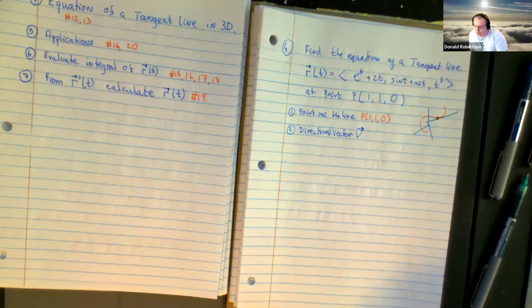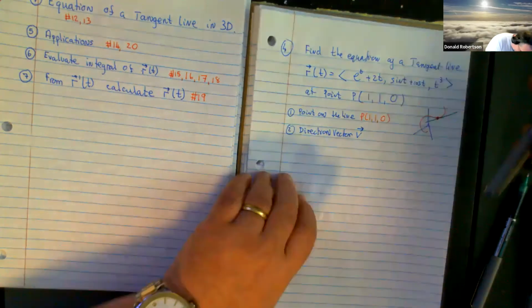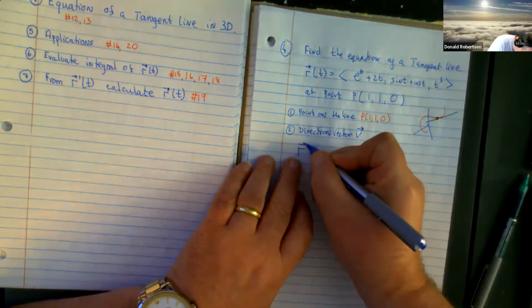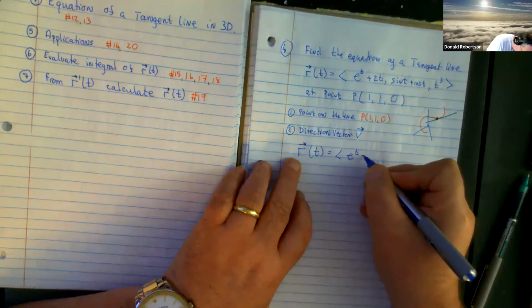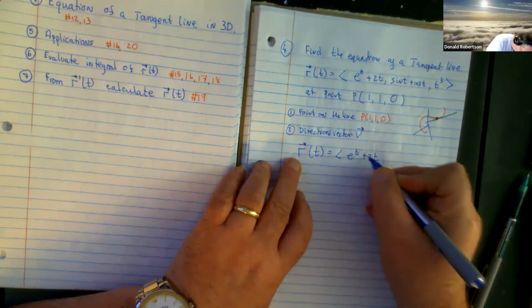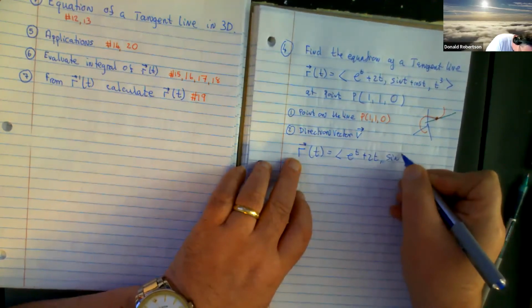You'd find the slope of the line. And when you wanted to get the slope in Calc 1, didn't you find the derivative of the function and then just plug x equals 1 or 2 or 22, and that would give you the slope? And then from there, you had an equation. Well, it's kind of similar in many respects. So here is my space curve. And just like in Calc 1, I'm going to differentiate it.